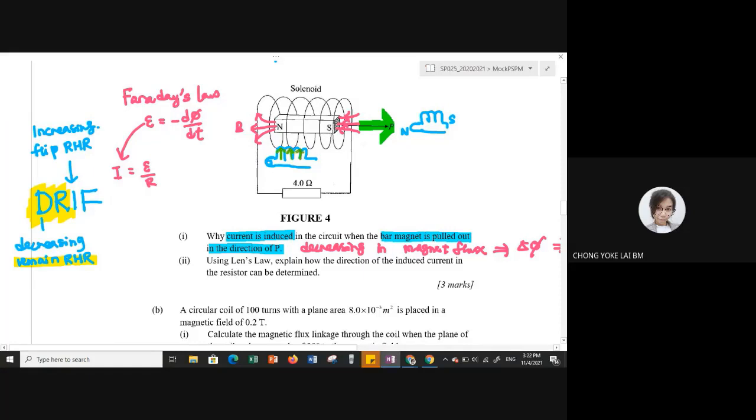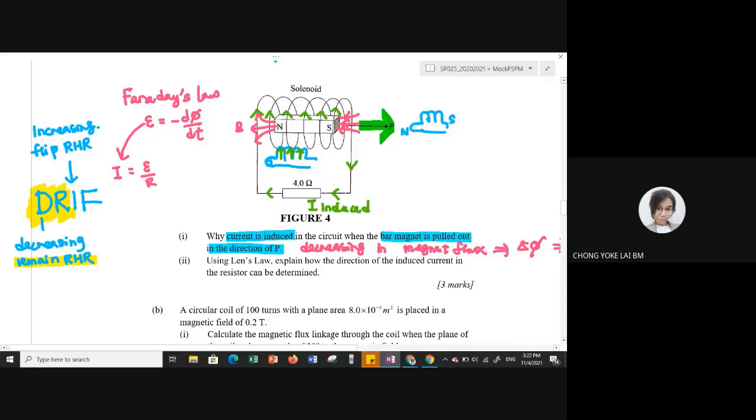Jari-jari tunjuk ke atas kan? So, current tu adalah ke atas. Macam ni. Ke atas, then you trace. Then you akan nampak current induced akan flow daripada right pergi ke left lah. Macam ni. Dan naik atas, dia pusing lagi.